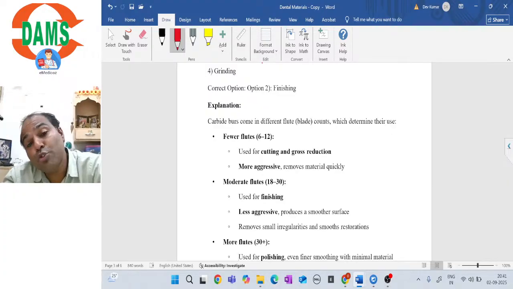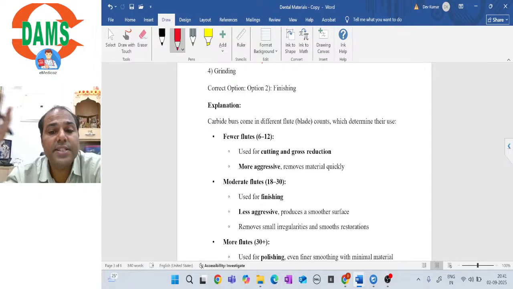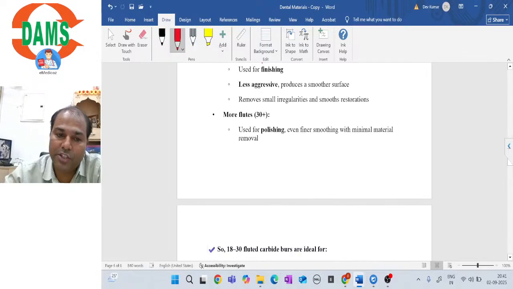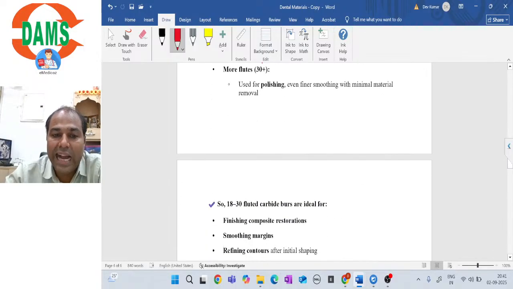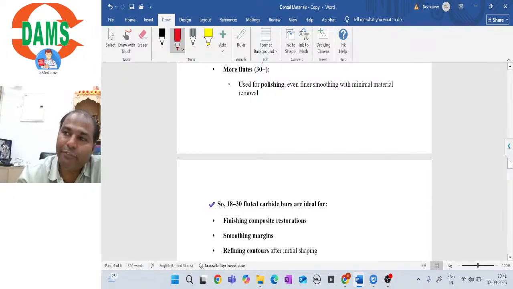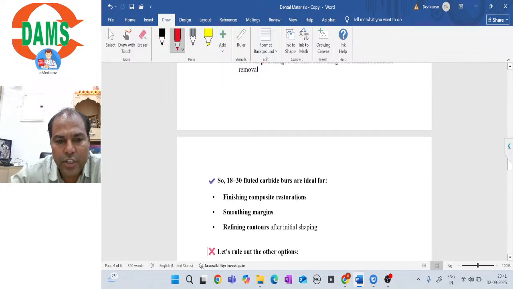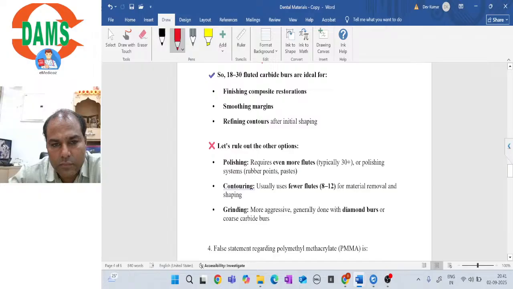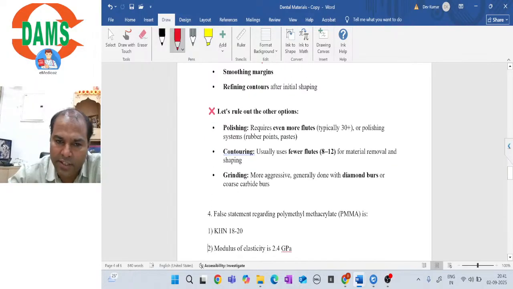If you have more than 30 flutes, it will produce very smooth surfaces, it will not cut, it will polish. So the ideal 18 to 30 flutes are for finishing, smoothening the margins, refining the contours. I hope it is clear.